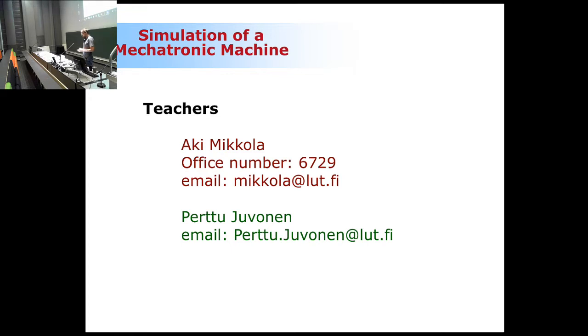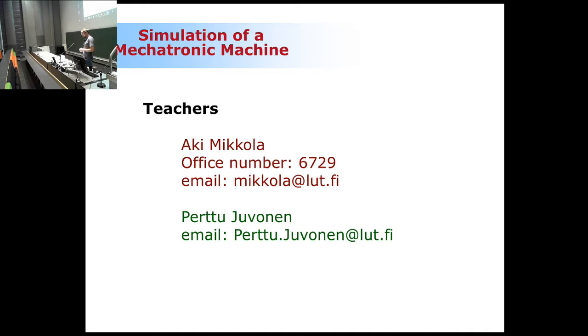My office is located in building number 6 on the 7th floor. So that's the top floor. The office number is 6729. If you want to stop by my office, you are very welcome to do so.